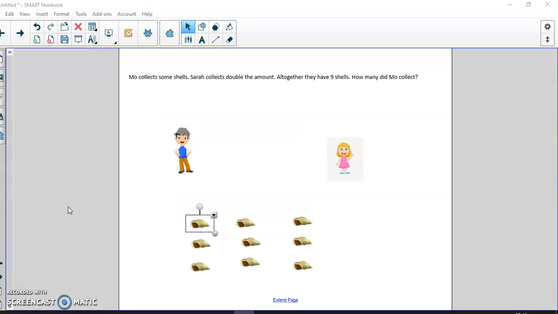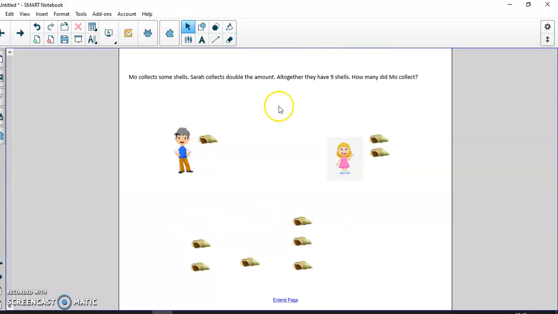Okay, so let's have a look at this problem. I know that text is a bit small, but I'm going to read it out. Mo collects some shells. Sarah collects double the amount, so we know she's going to have more. Altogether they have 9. If I give Mo a shell, Sarah collects double the amount. If he has 1, she has 2.